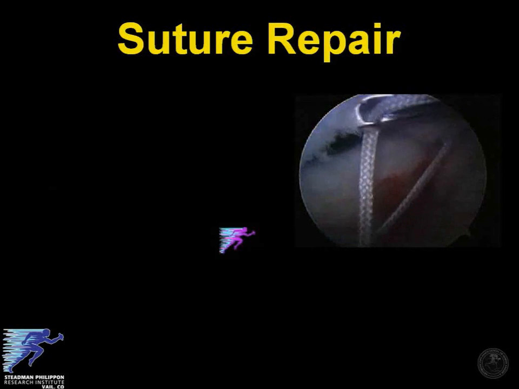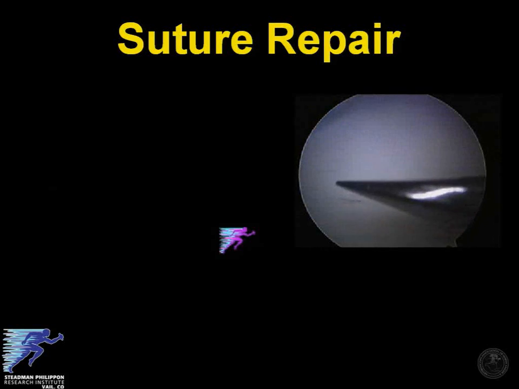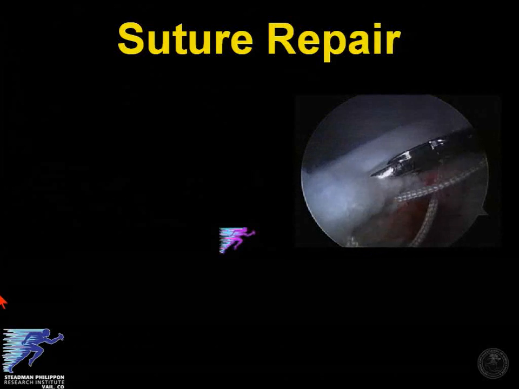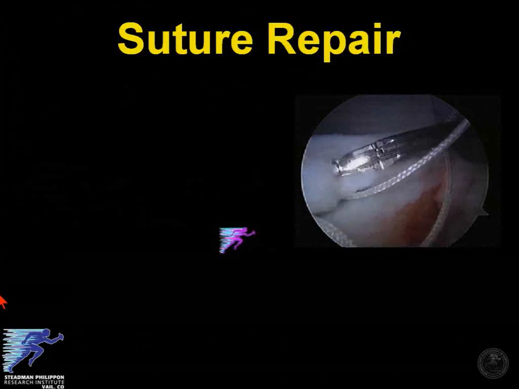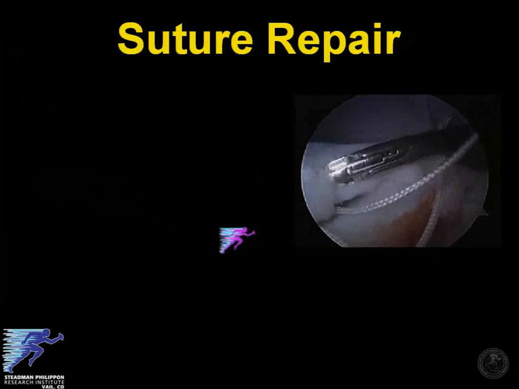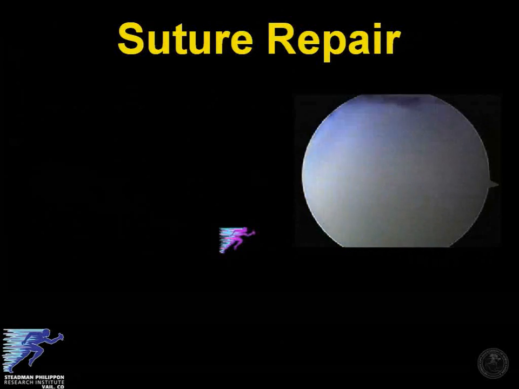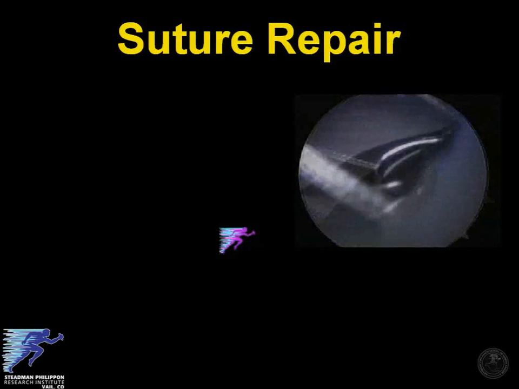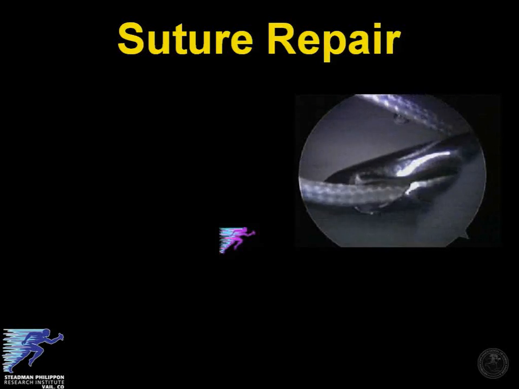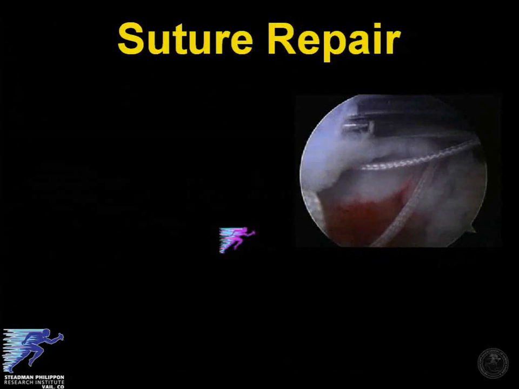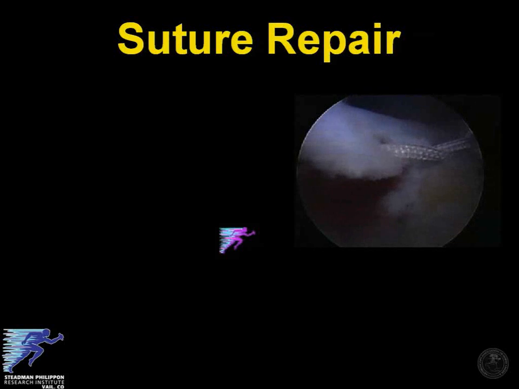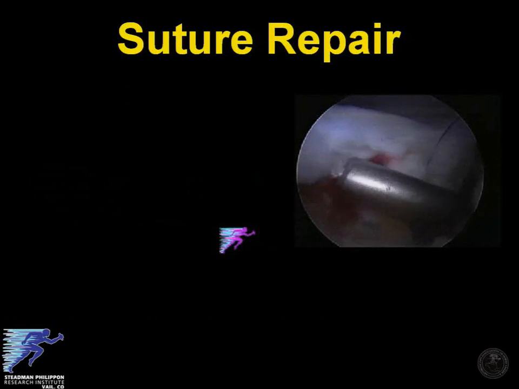Here it's a right hip going a little more anterior, placing the suture in the interval, penetrating. You have to be careful when you penetrate here to avoid damaging the labrum. If it's too macerated, we'll loop the suture. And then this is the locking stitch to make sure that the suture stays on the capsular side.